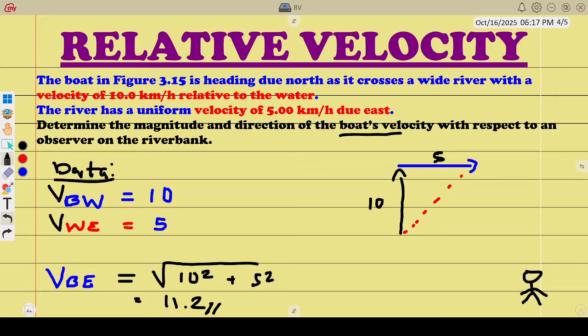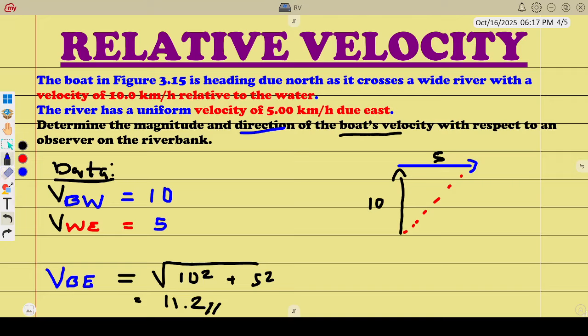Okay, so this is the velocity of the boat relative to the earth, 11.2. And then from here, we can also calculate the direction. Now, what would you think is the direction? Like I said, this is more of a vector problem.